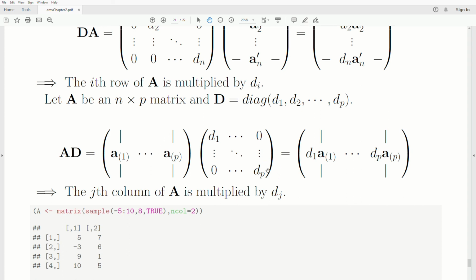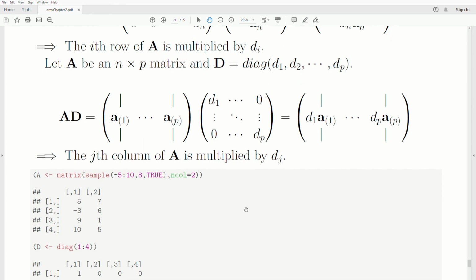So when we multiply this column times each row, it's just the opposite. Sometimes people think it's this row times this column, but it's also this column times each row. These are all zeros, so the only thing being multiplied is that last column times dp. And so the jth column of A is really just multiplied by the jth diagonal, dj.